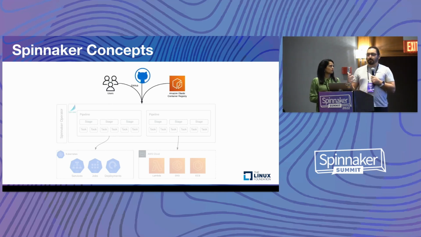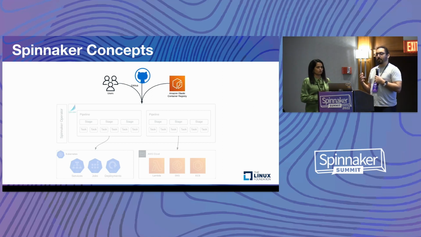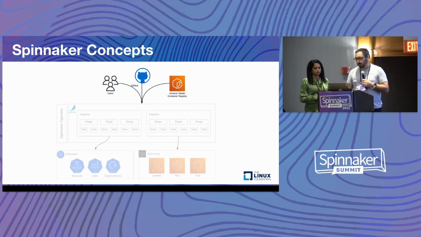Now, your users, when they actually get into Spinnaker and want to start doing deployments, are going to want to pull artifacts from a number of different sources. Spinnaker gives you the ability to define artifacts in GitHub, in ECR, Elastic Container Registry, and a whole bevy of other tools. But today we're going to focus on these two.